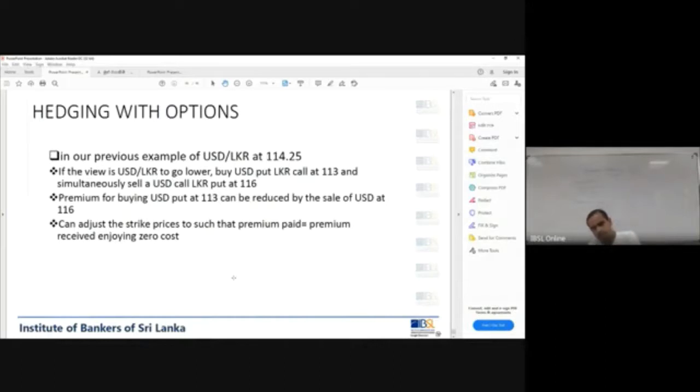Right? You buy a dollar put, rupee call at 113, and sell a dollar call, rupee put at 116.